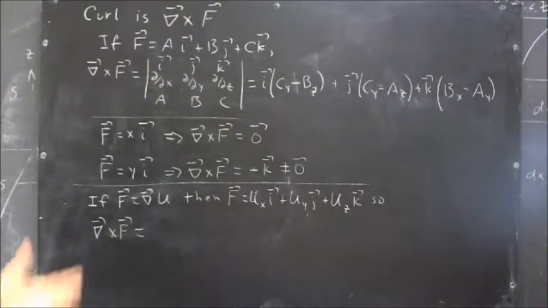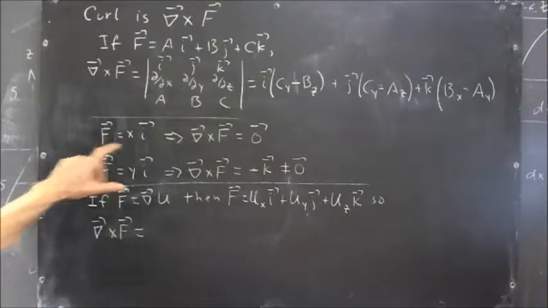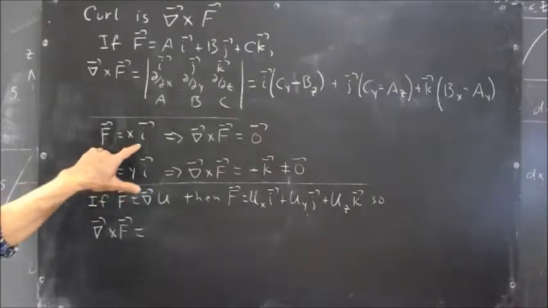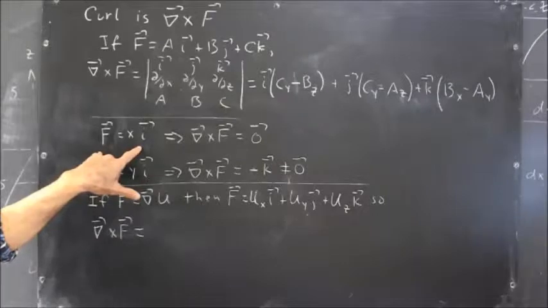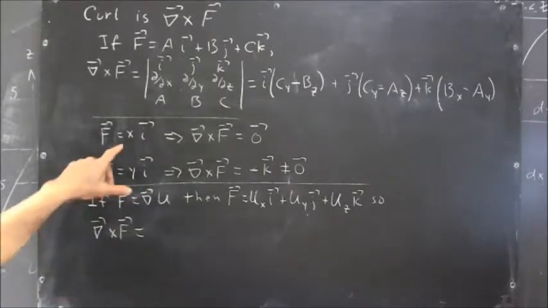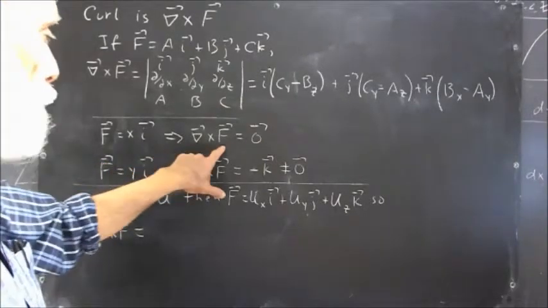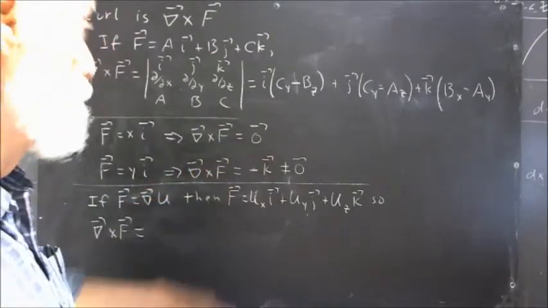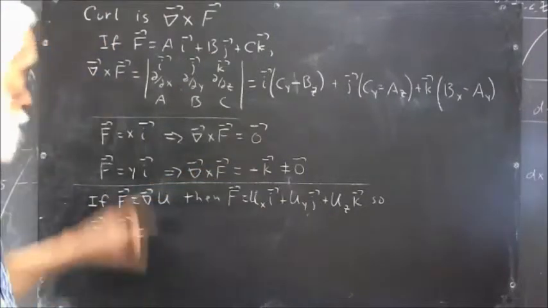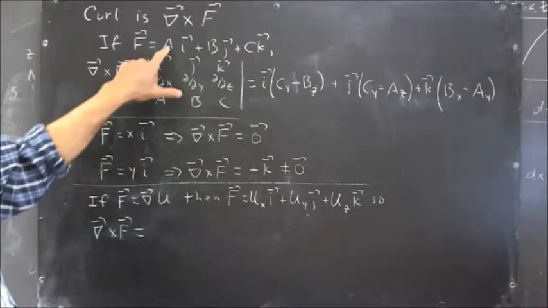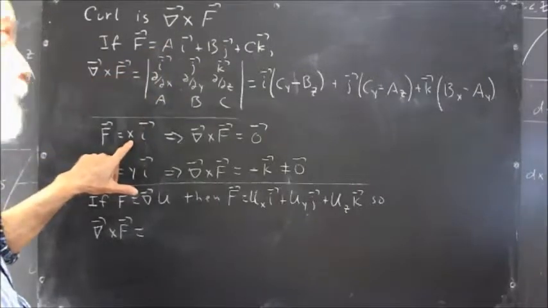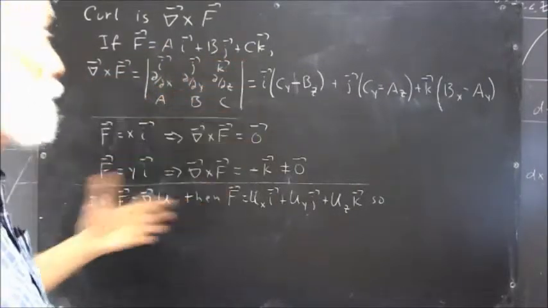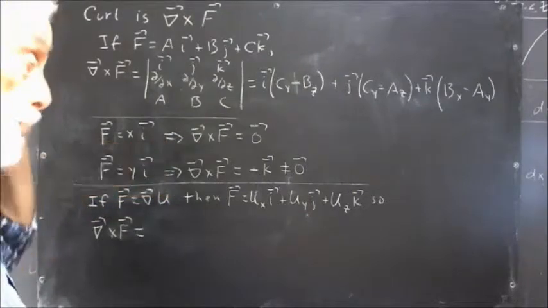Now, let's just take an example. Let's say F is xi, which we've already proved to be a conservative field. Okay? If F equals xi, then del cross F is the zero vector. Why? Because the A function is just plain x. The B and C functions are zero. There's no y or z function.